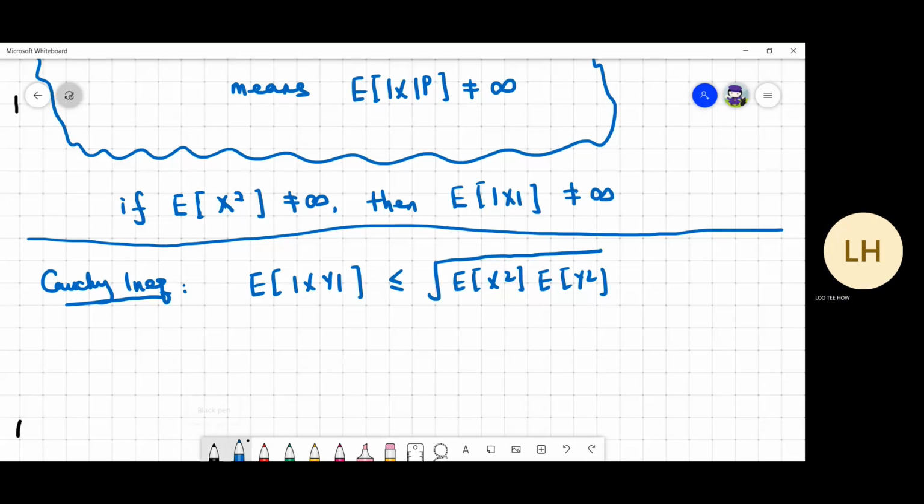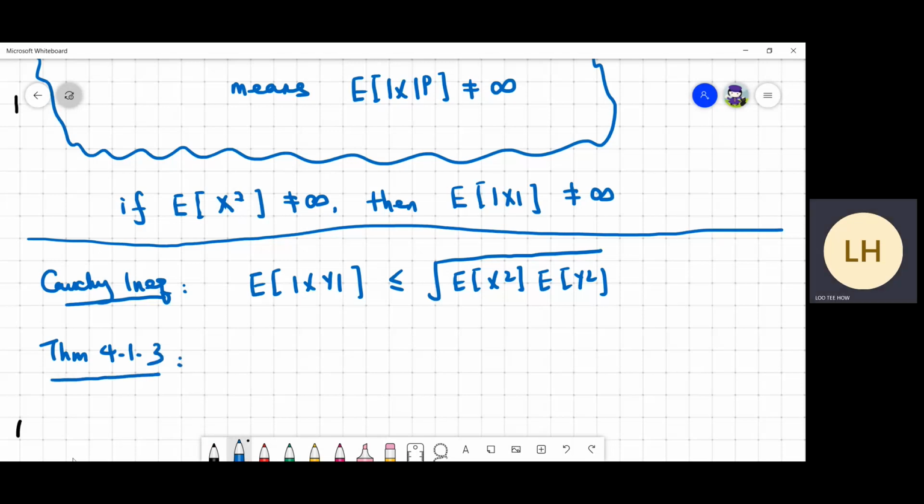And also, we can refer back to our theorem 4.1.3.